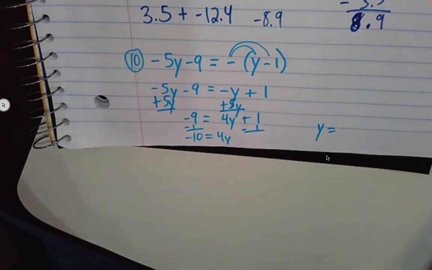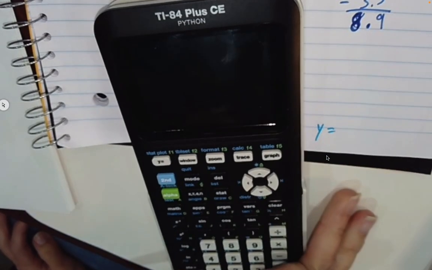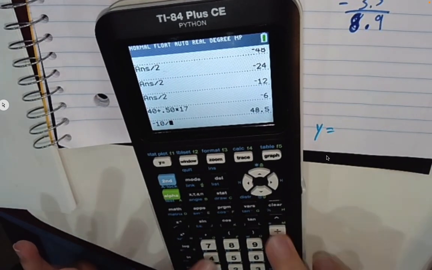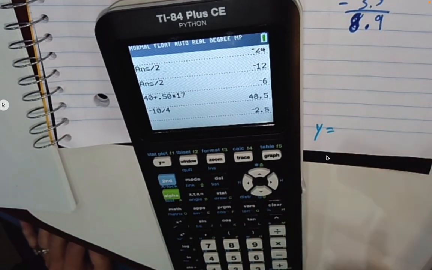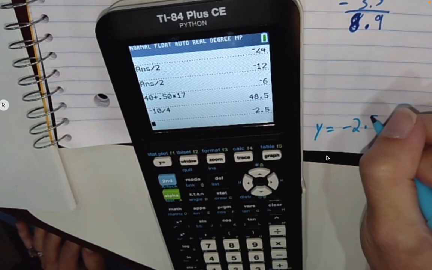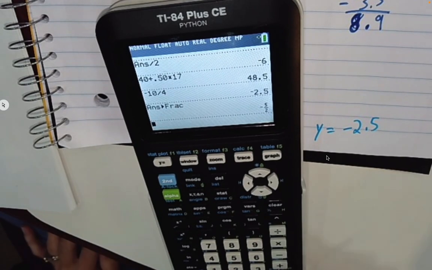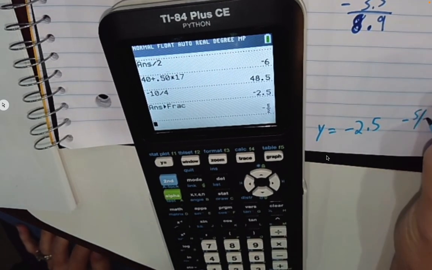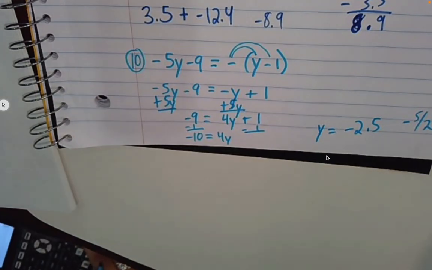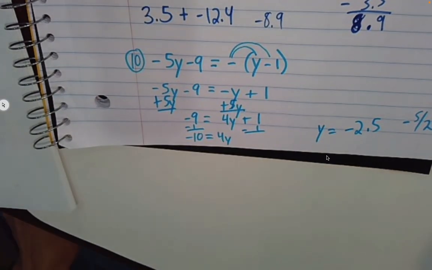So in my calculator, I'm just going to do negative 10 divided by 4. So it may give you negative 2.5, or in MathInput, you may get negative 5 halves. That's the same thing. Are we okay with that one? Yeah? All right.